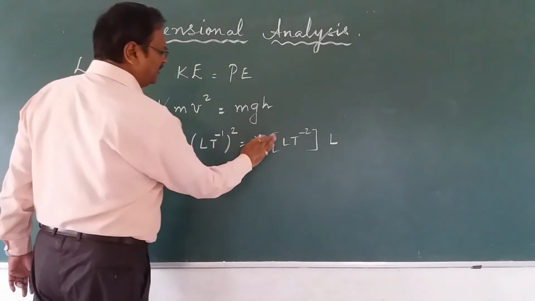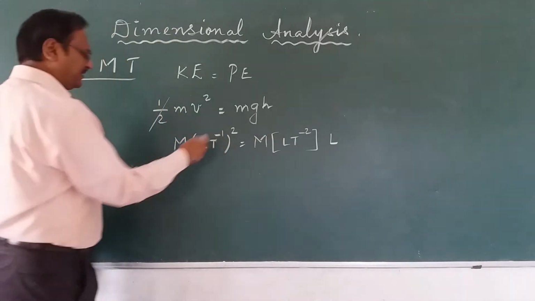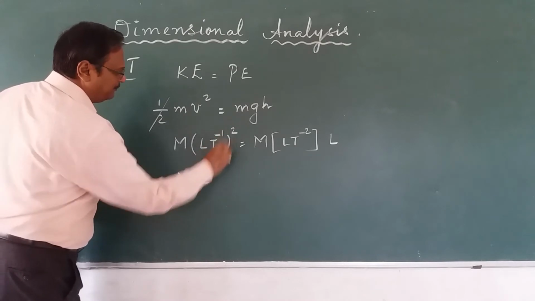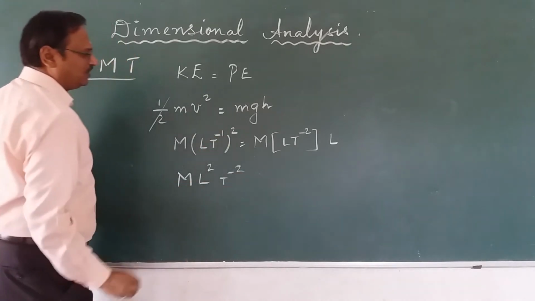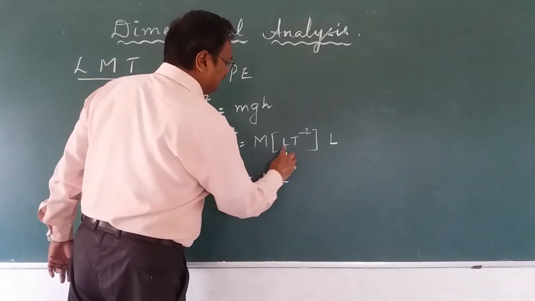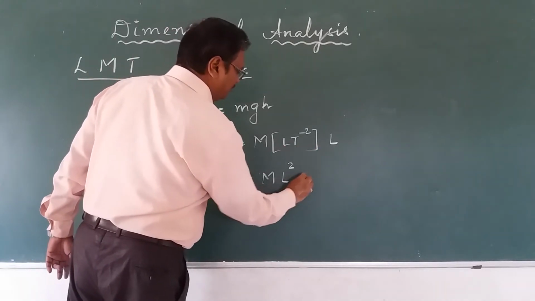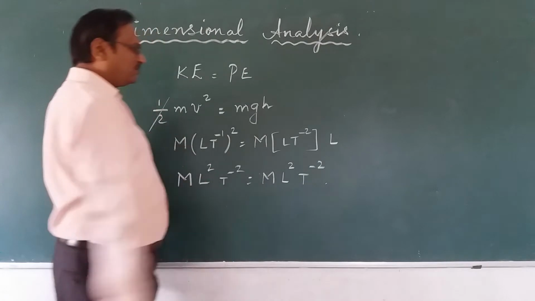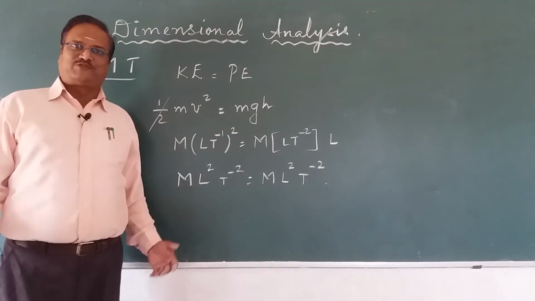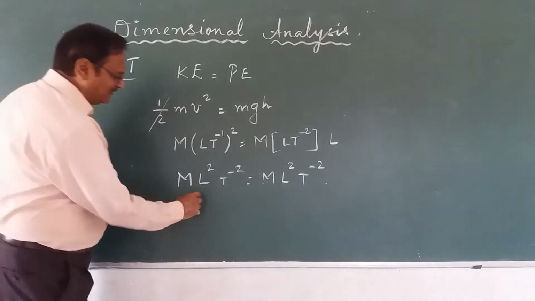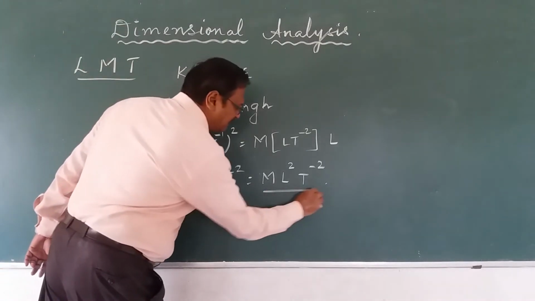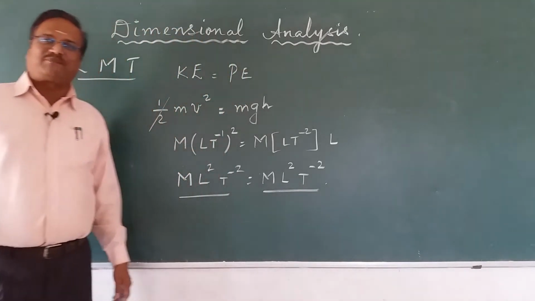You need not use the square brackets, it's okay. M L power 2 t power minus 2 is equal to m L into L t power minus 2, that is, m L power 2 t power minus 2. Now, are we right with this equation? Yes, absolutely, because on the LHS we have m L power 2 t power minus 2 and on the RHS m L power 2 t power minus 2.